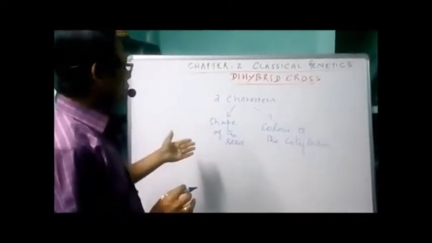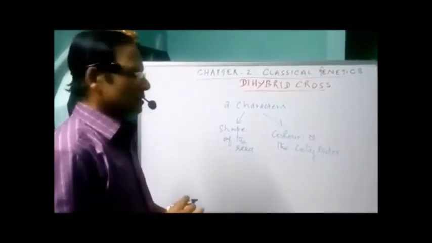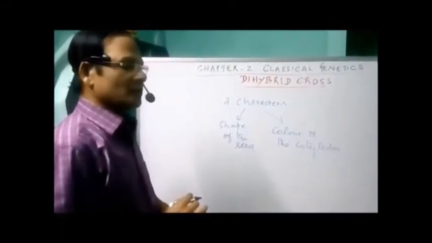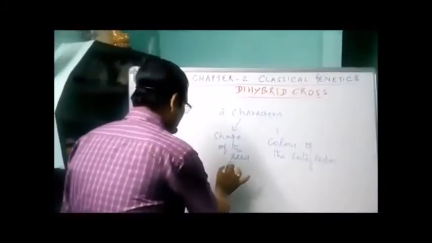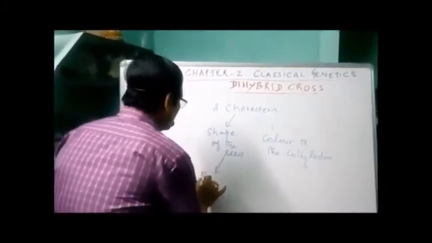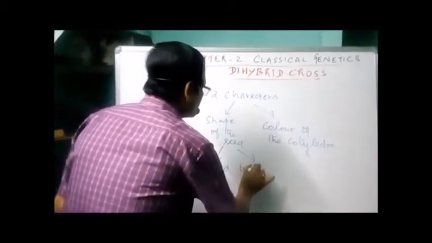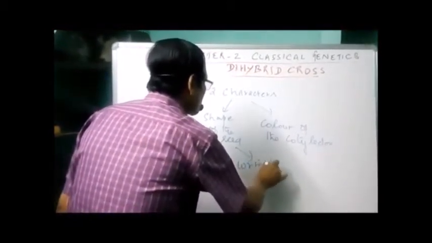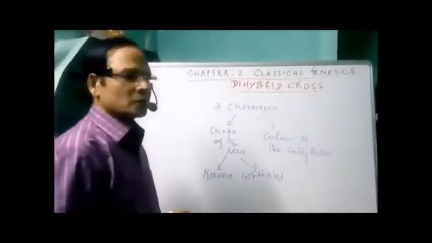I mentioned already it's a cross involving two pairs of contrasting characters. What's the meaning of that? If we take the shape of the seed, there are two varieties: one is round, another one is wrinkled. So this is one pair of contrasting characters. Now, the color of the cotyledon.